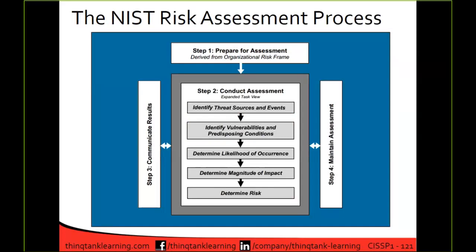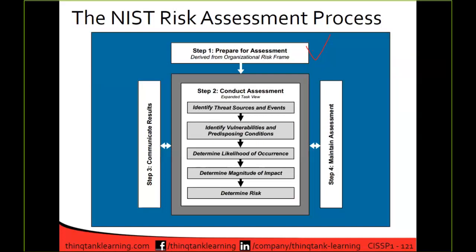The NIST risk assessment process is pretty straightforward. Step one, prepare for the assessment. This is derived from your organizational risk frame. So what is an organizational risk frame? Well, every organization operates differently.